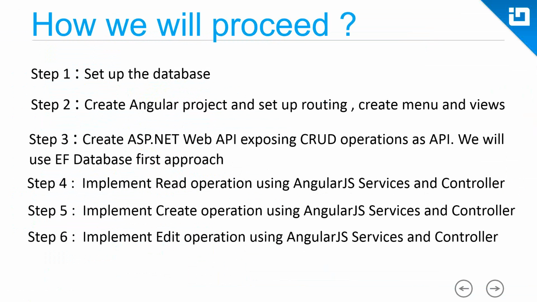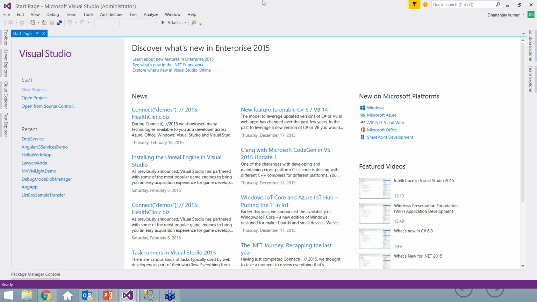Now we are going to create an ASP.NET Web API exposing CRUD operations. We'll use the EF database first approach. So for that, let me come here and open another Visual Studio. Okay, so here is my Visual Studio. I'll go and say new project.